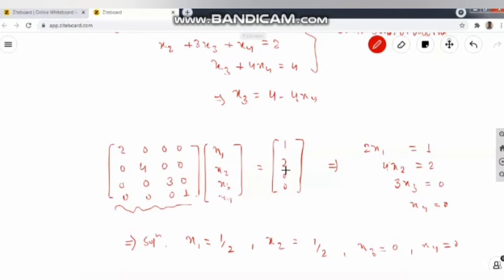Keep that in mind. We are not talking about column equivalence, which is also a concept, but we don't discuss it here. Whenever I say two systems are equivalent, I'm talking about elementary row operations, nothing else.